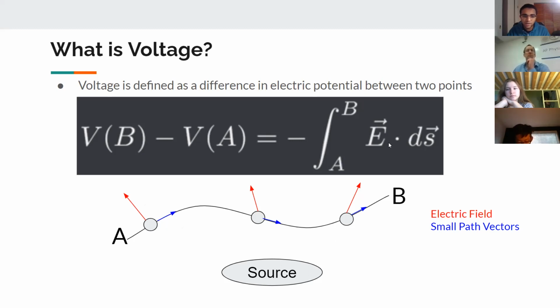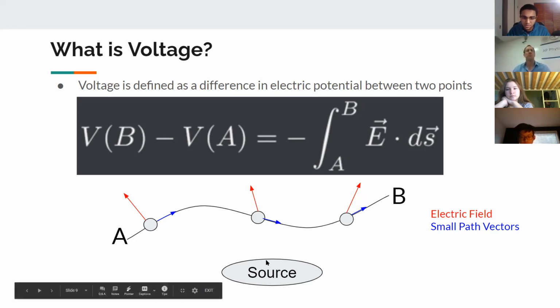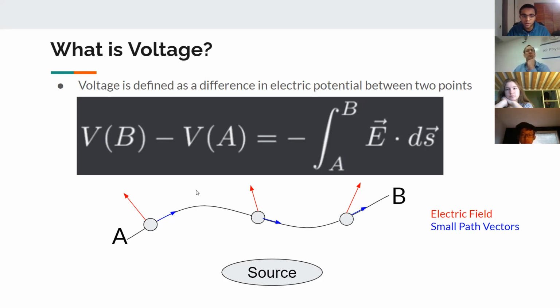It uses something called the dot product, but you're basically looking at how the electric field is working along the path. There's a source, and the source is what's producing the electric field here, which will push the charge, and the charge is constrained along the path from A to B.